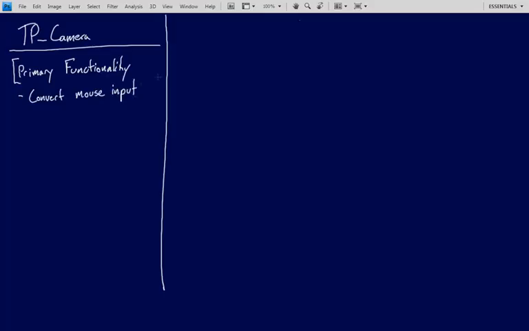We'll say convert mouse input to orbital motion around a set pivot object, which we'll be calling, for our purposes, look at.